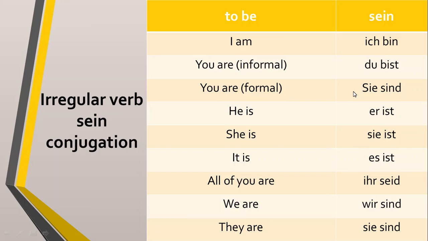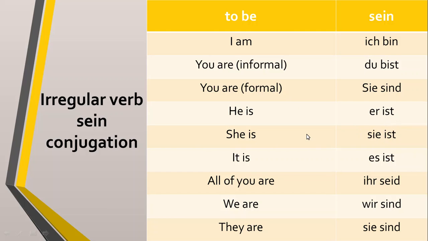So "I am" is "ich bin". "You are", informal, would be "du bist", but for formal it would be "Sie sind". "He, she, it", the form of the verb remains the same and it is "ist": "er, sie, es ist".